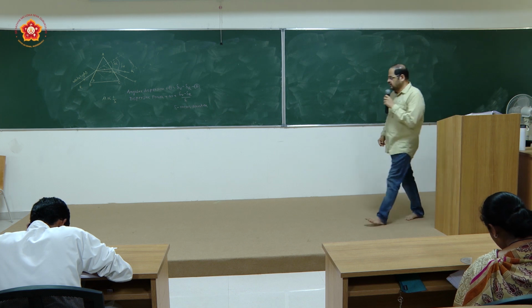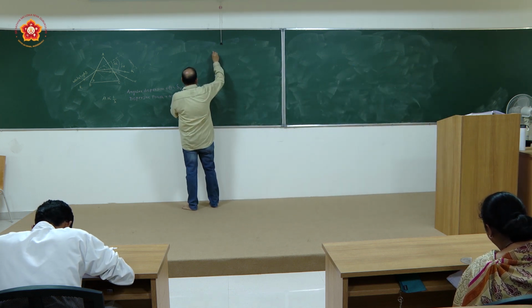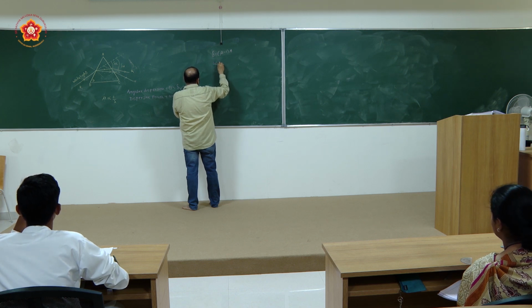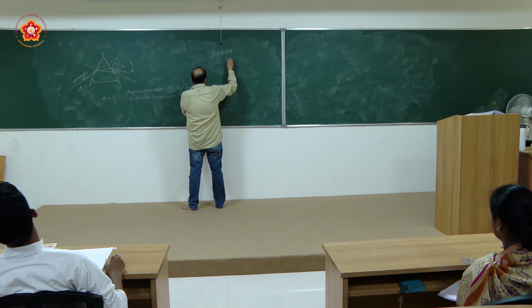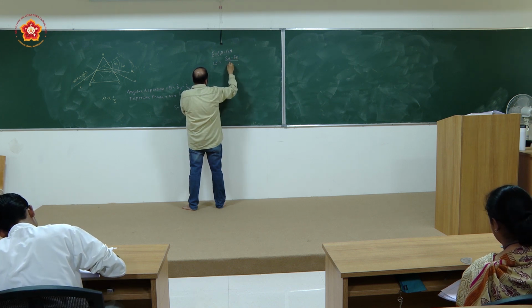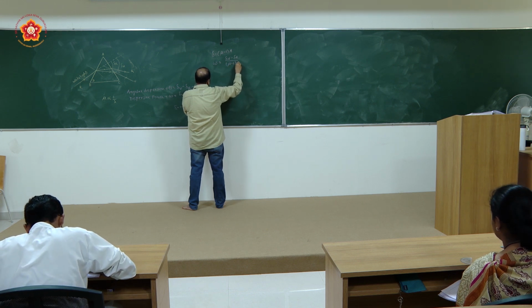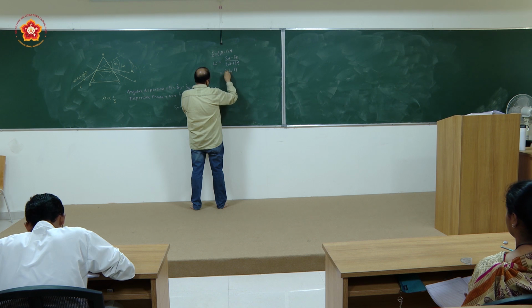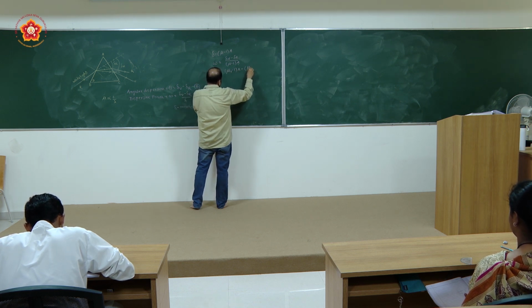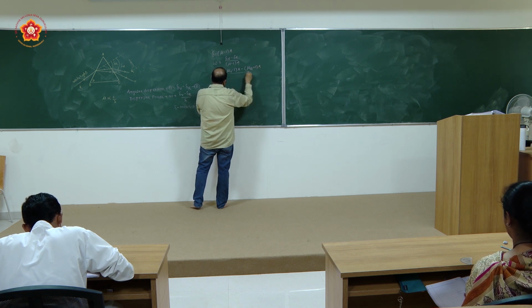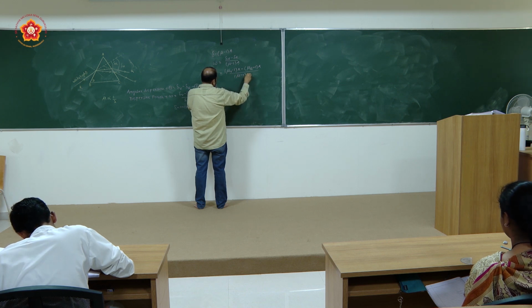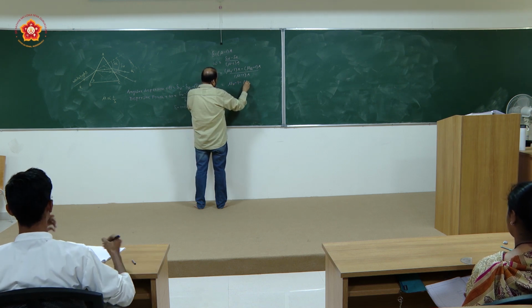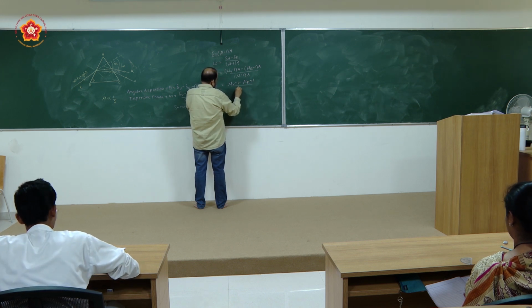For a prism, we have already mentioned that the value of delta is taken as mu minus 1 multiplied by A. So your omega, that is dispersive power, will be delta V minus delta R divided by mu minus 1 multiplied by A. I can further write this as mu V minus 1 multiplied by A minus mu for the red color minus 1 multiplied by A, divided by mu minus 1 multiplied by A. So you get mu V minus 1 minus mu R plus 1 divided by mu minus 1.